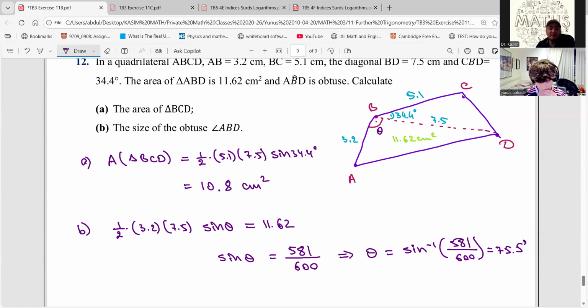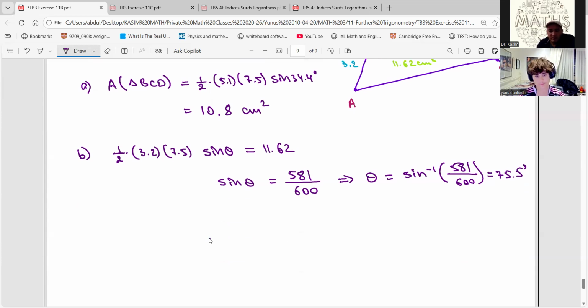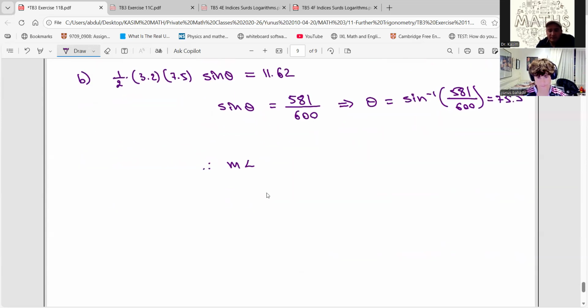And since it is saying obtuse in the question, now we can find the answer. The measure of angle ABD should be equal to 180 minus 75.5, which is equal to 104.5 degrees.